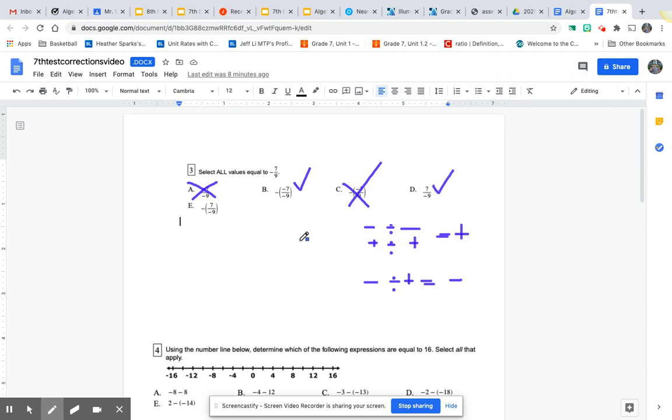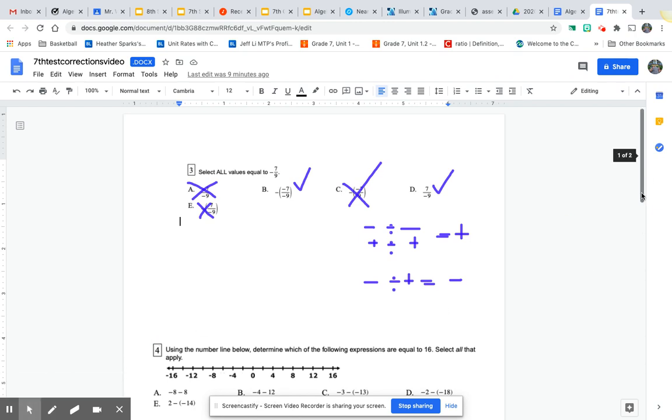That should give you a negative answer. And letter E, you have positive divided by a negative. Inside the parentheses, that's going to be a negative, and if I have the negative sign outside, it's going to make it the opposite. So the opposite of a negative is positive. So this one had two answers, letter B and letter D.